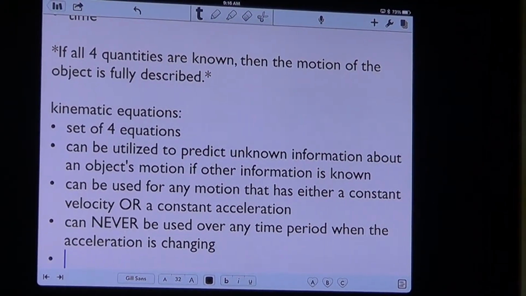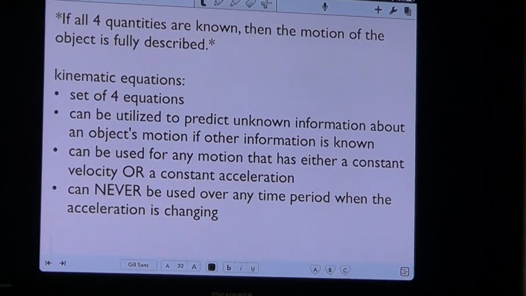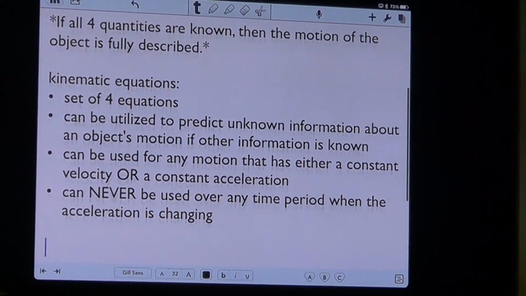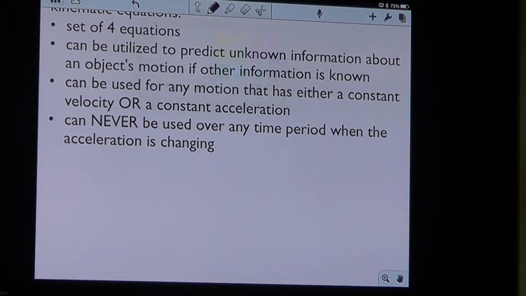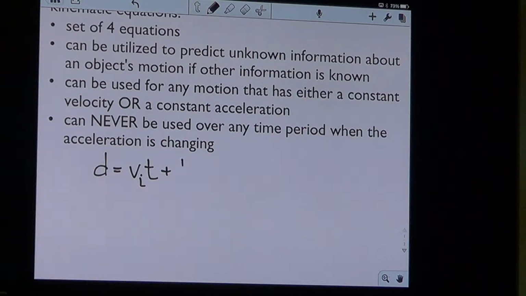Does everybody got this? Okay. So the equations are: D equals V sub I times T plus 1/2 A T squared.